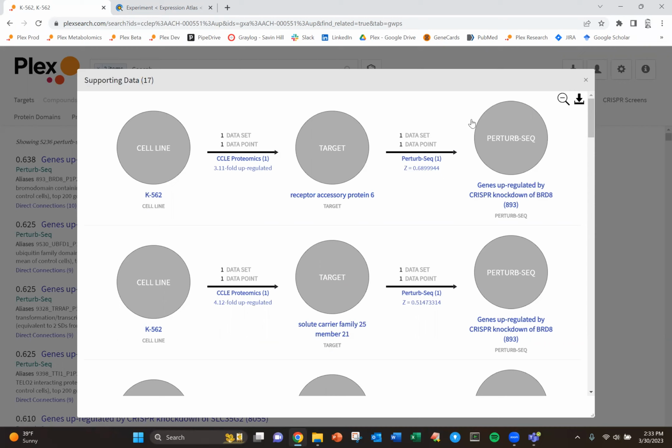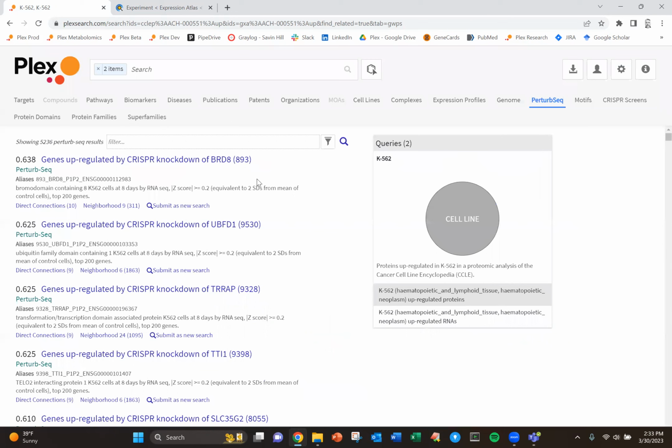So here in perturb-seq, they've knocked down each of the expressed genes, and there's a full RNA-seq profile of each of those knockdowns. And so we can see if the modulations after the knockdown are similar to the genes that we've put in.